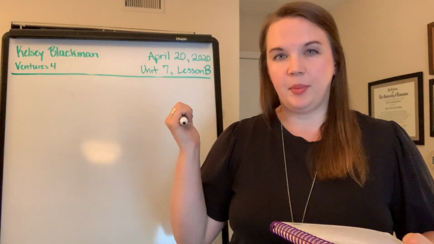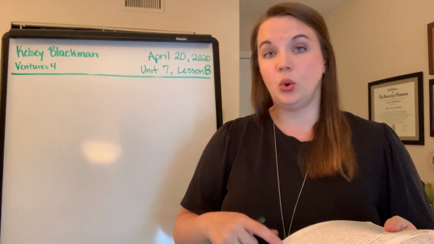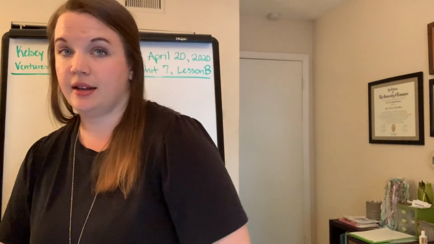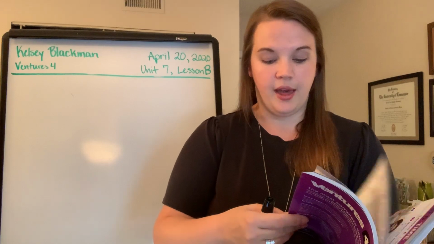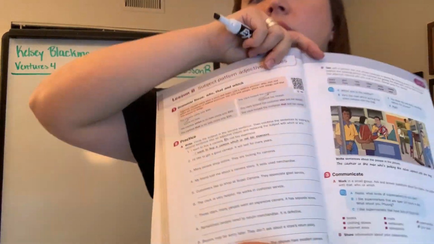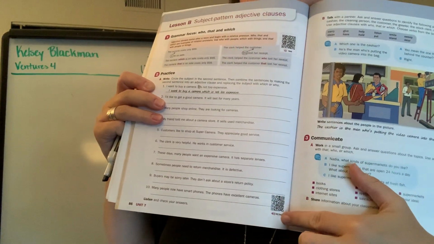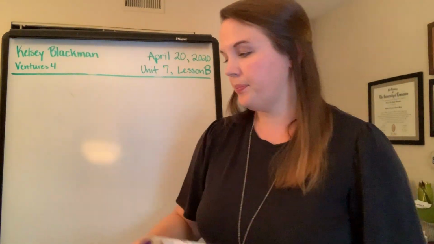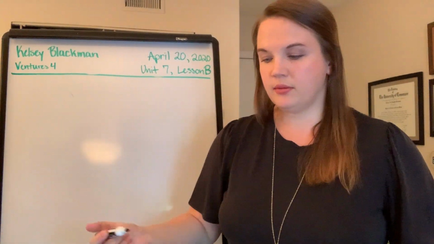I will do a couple of them up here, but if you have the ability to scan the QR code, then you can scan the QR code at the bottom of page 86 and hear the answers to that homework assignment. Right there at the bottom of page 86. Listen to the answers being read right there. Okay, but I will do a couple with you just so that we can practice and review.